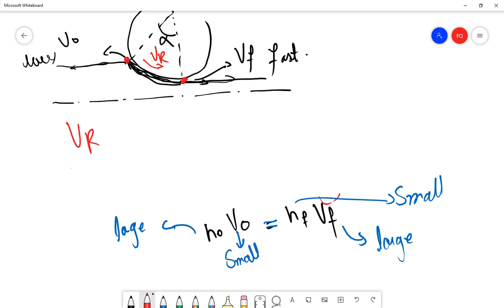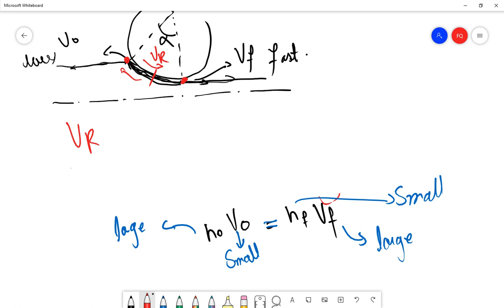So there comes a point, not precisely in the middle, but relatively on the initial side, where the velocity of the material and the velocity of the roller is the same, but before this point the velocity of the roller is faster and the material is slower, and after this point the velocity of the roller is slower and the material is faster.